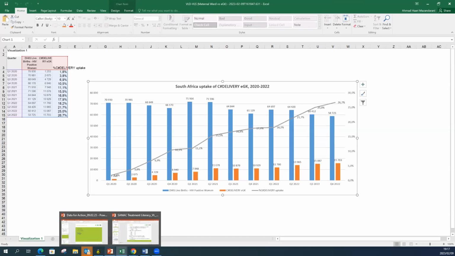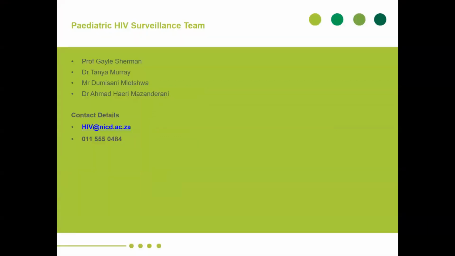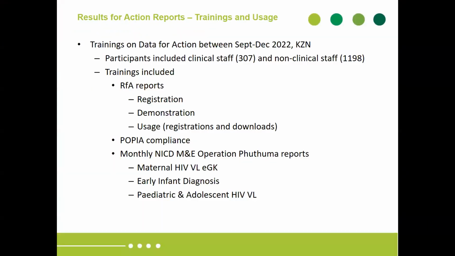We occasionally get invited to provide workshops within the Department of Health, whether national, provincial or even district, and support with the training. I can show you, we've just been doing trainings in KZN towards the end of last year. We managed to train about 1,500 staff, of which 300 were clinical staff, and this was data for action training arranged by the M&E team in KZN.